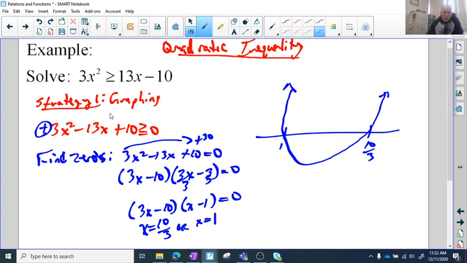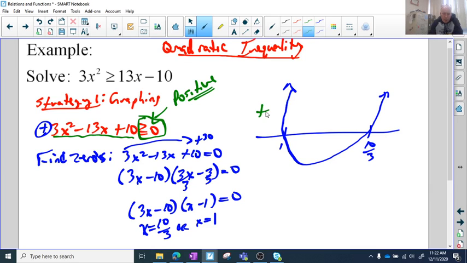Now what I'm looking for is where would this quadratic, 3x squared, which is what I just drew here, roughly, be greater than or equal to 0? Well, greater than or equal to 0 translates into positive. So basically, where is this quadratic positive?